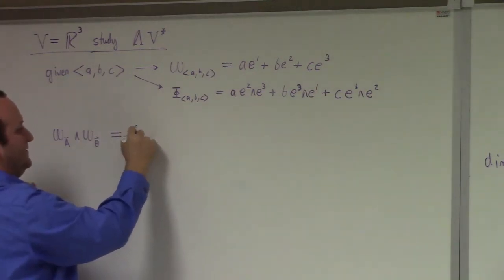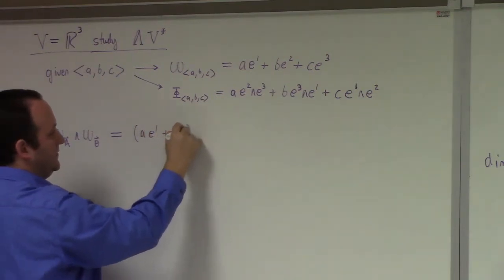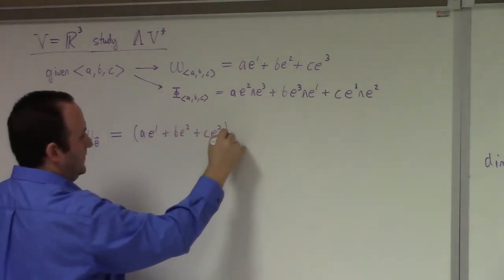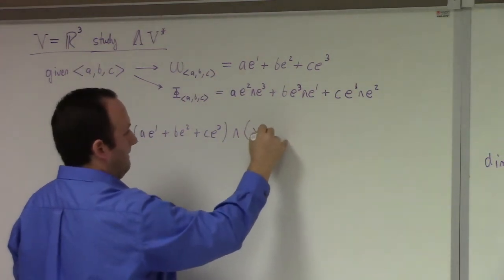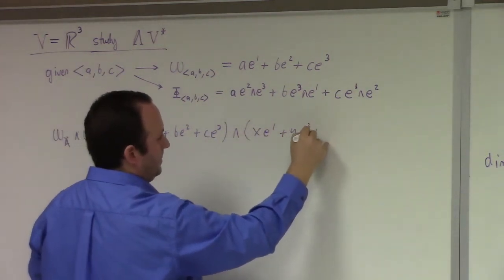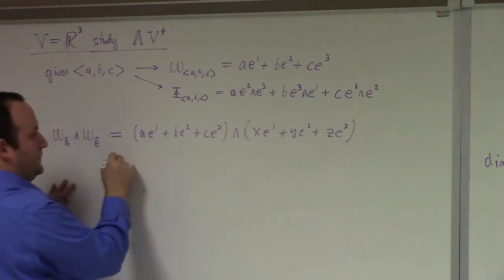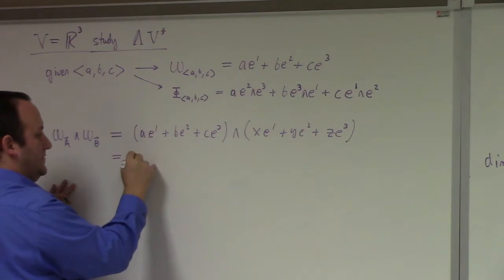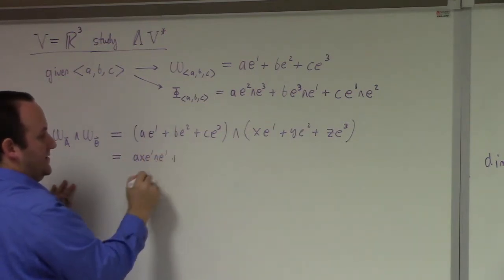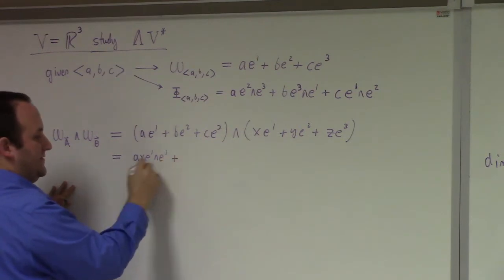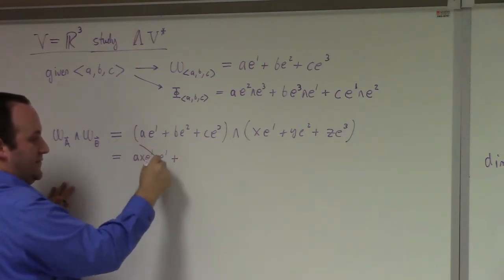So we got A1 plus B2 plus C3 wedged with, let's say B is XYZ. So we got AX E1 wedge E1. Actually, I'm not going to write this down, because what's E1 wedge E1? 0. So we don't need to write those terms.